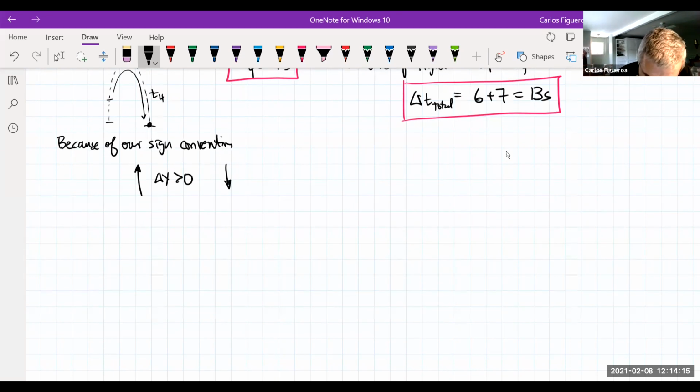Anything that comes down, that height change is negative. And I want to remind you that delta y is the displacement, or the change in position from one location to the next. And what we're asking here is that we're trying to calculate the total time.